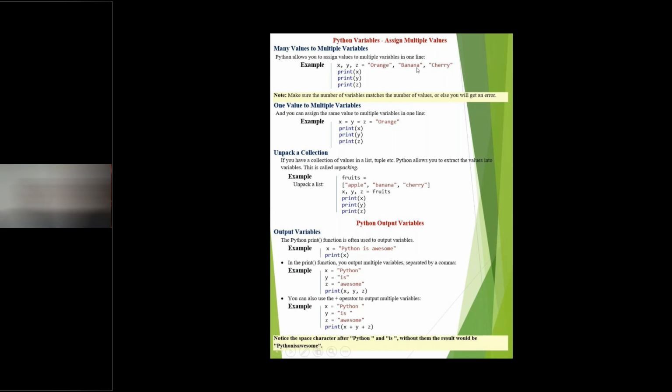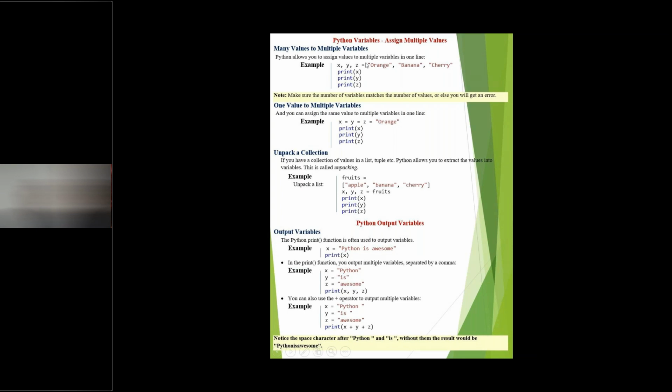Now if you print x, print y, print z, what are the values here? X contains orange, y contains banana, z contains cherry. Likewise, we can assign different values to different variables in a single line.